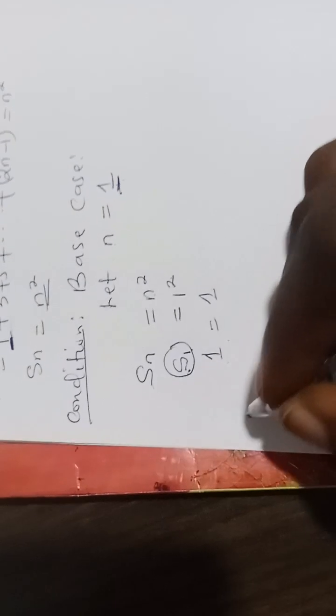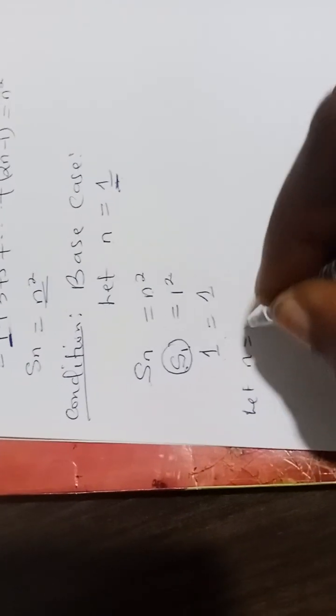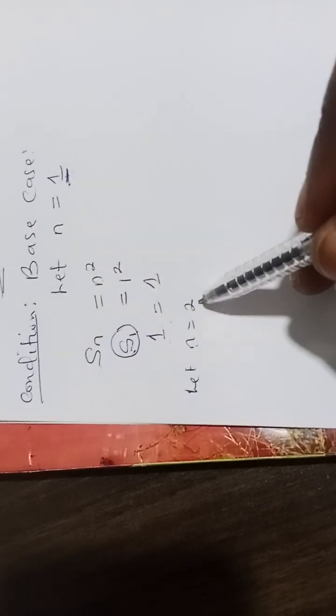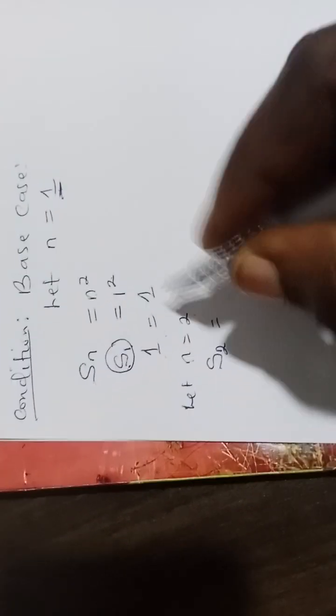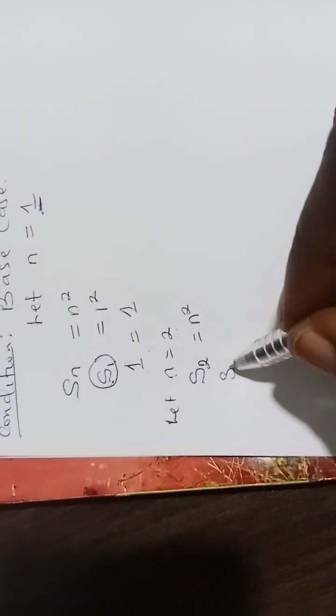Let's take it that n is equal to 2, that is, the second term. So S2 is equal to, this is our formula, right? S2 is going to be equal to 2 to the power of 2. Remember, 2 here for n and then the square.